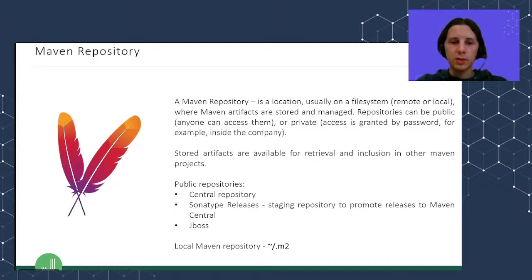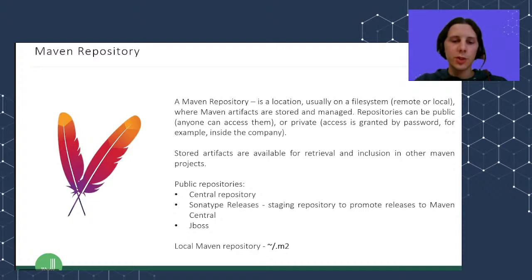Repositories can be public, where anyone can access them, or private. For example, access is granted by password or for a subset of IP addresses. It can be used inside the company or for project-specific repositories. Stored artifacts can be retrieved and included into other Maven projects.